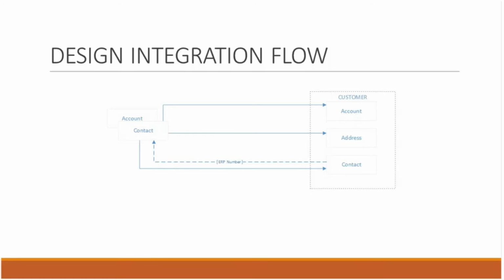Now you see also a line coming back from the right side to the left side. So the right side is of course your ERP system, and for your integration you will send back, for example, your ERP number in case you create a new customer. Now, of course, this is very simple.